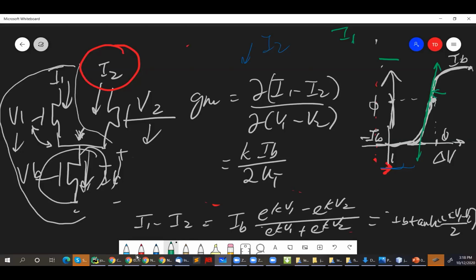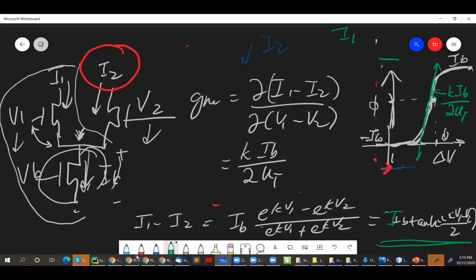You can get this by differentiating this equation as a function of V1 minus V2. It's nice that if you use exponentials, everything is very clean. It just depends on IB. You don't have any V1 minus V2 coming in.